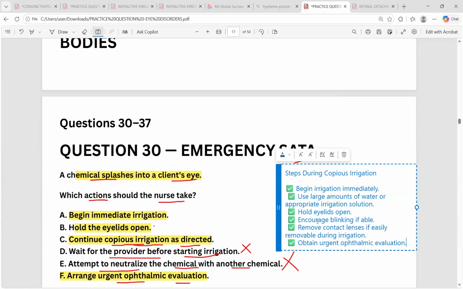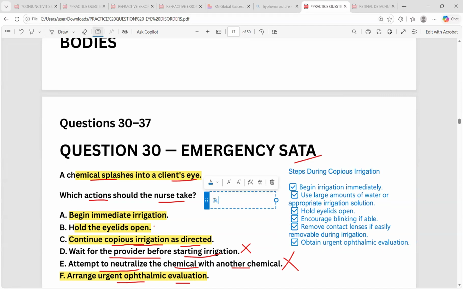That is why we are opening the eyelids. If the client is using contact lenses, we can remove them, and urgent ophthalmic evaluation is necessary.